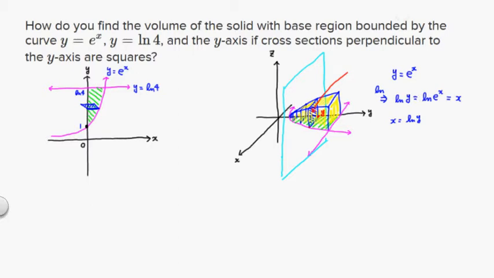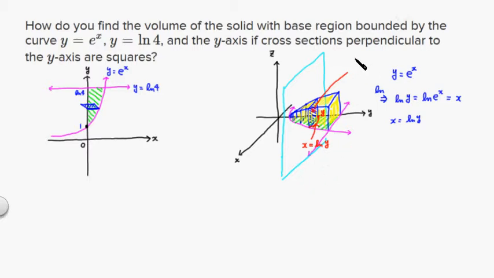Which means that the length of one side of the square, let's use red, this length right here can be expressed as x equals natural log of y. Since the cross-section is a square, it's going to be natural log of y times natural log of y that gives you the cross-sectional area.